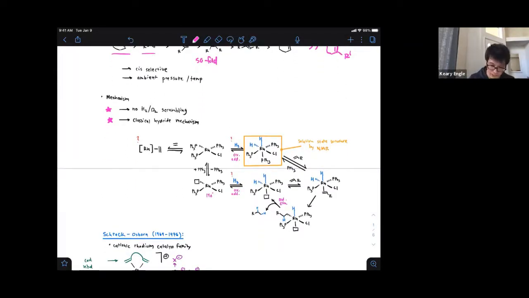I'll stay on this mechanism here for a minute to unpack this. So let's start here. This is our pre-catalyst. Let's see, Sunghan, do you want to do a quick electron count on this?